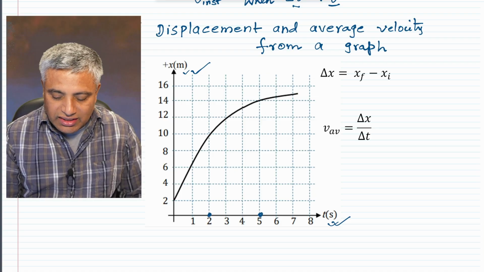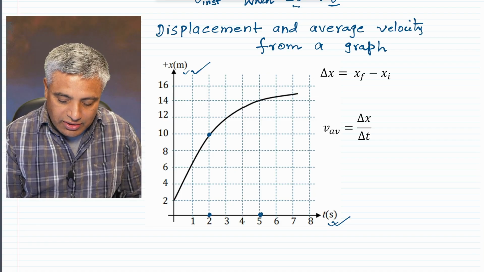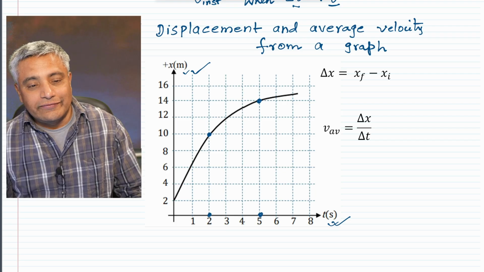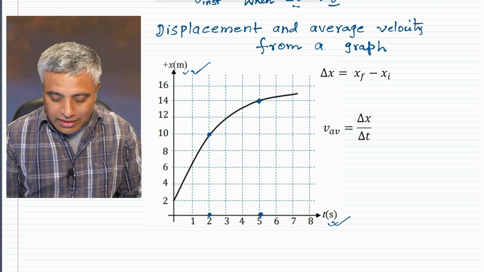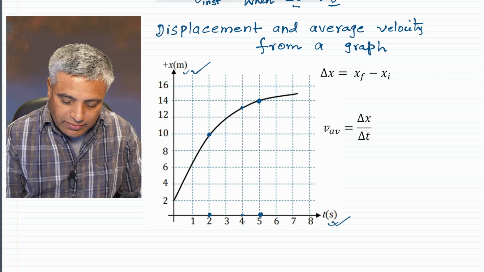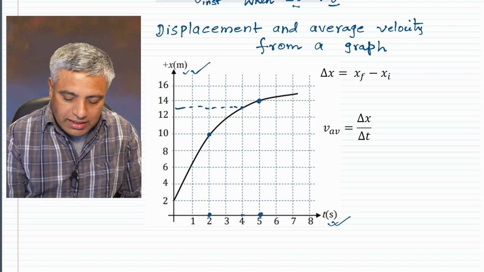I am choosing these points here because they are easy to read, because the corresponding points on the graph are exactly at those times. But if the time was, for example, 4 seconds, then the corresponding point would have been that one, and we would have to make a guess.